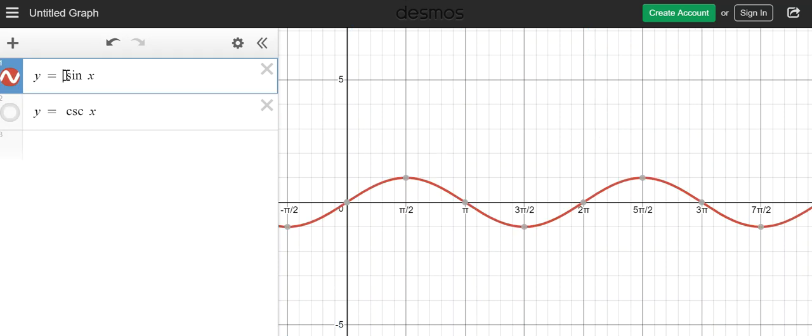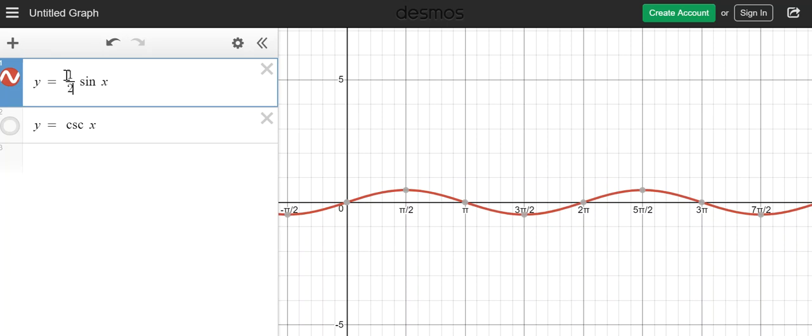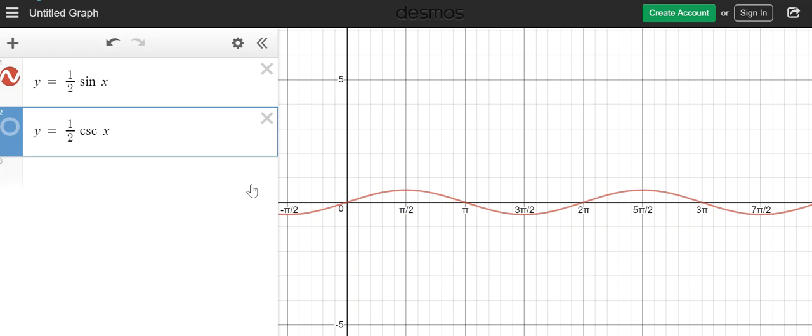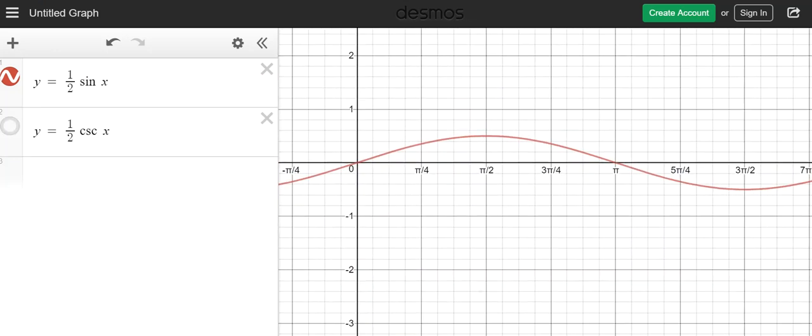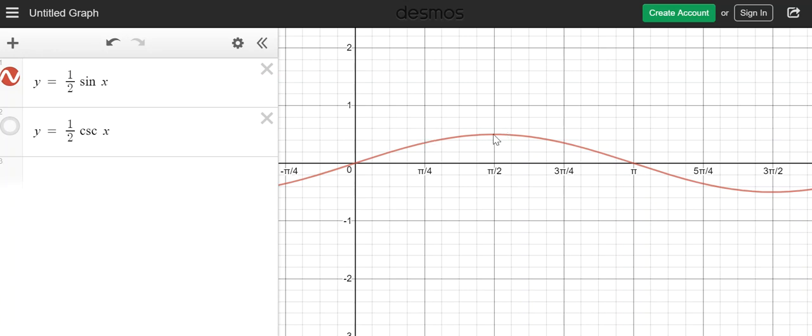The next questions ask about if we make it half sine of x, and then if we make it half cosecant of x. And we've seen this actually before, and what you'll notice is that in this case, the amplitude only goes to 0.5 and only goes down to negative 0.5.